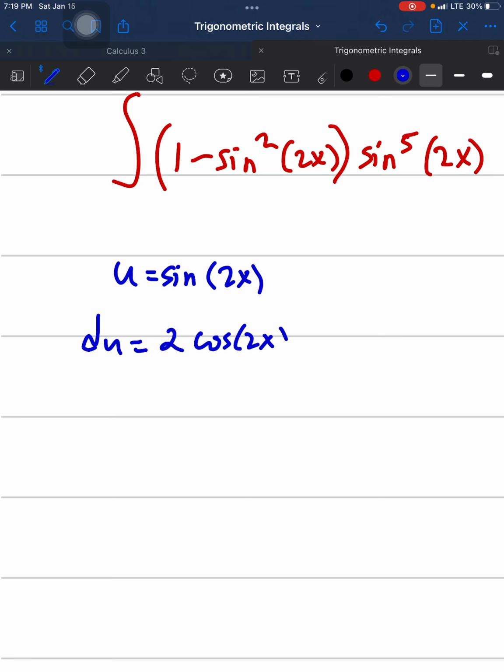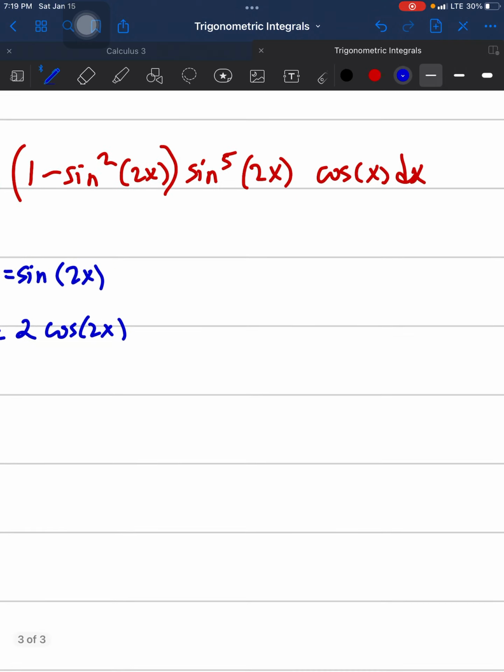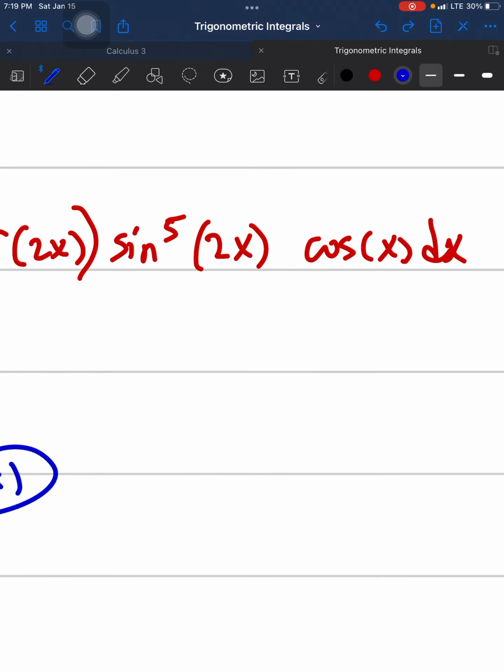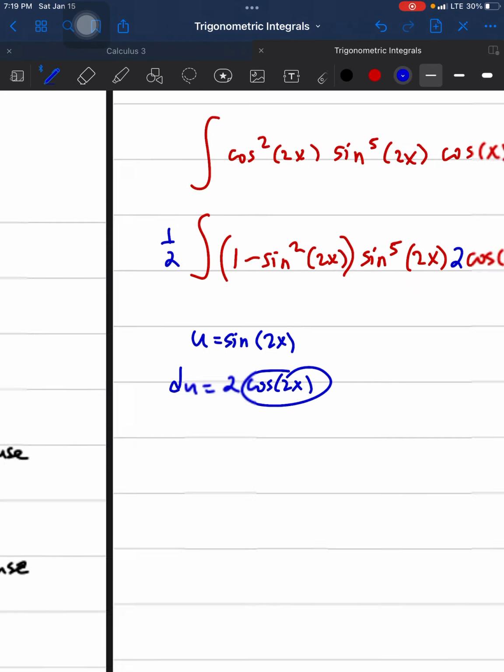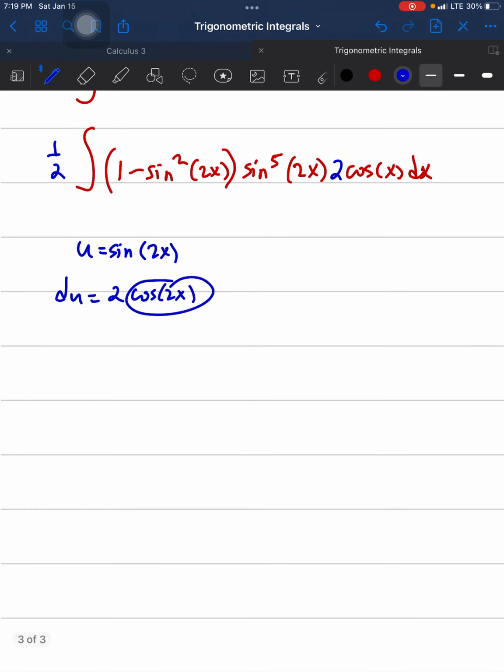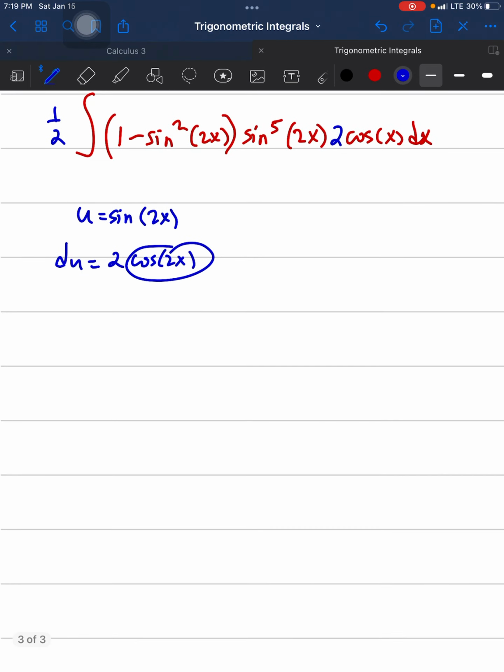The derivative of this is simply 2 cosine 2x, and we have this cosine 2x right here. All we need to do is add a 2. So just add a 2 right here and add a 1/2 outside. So in the final solution, the 2's cancel.